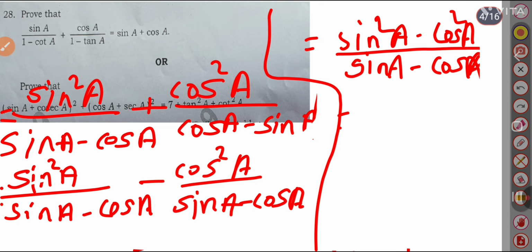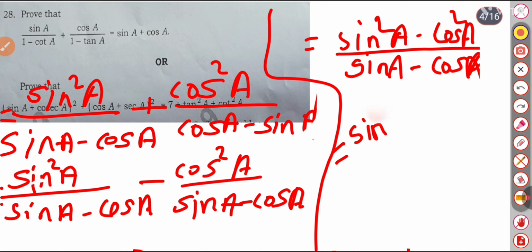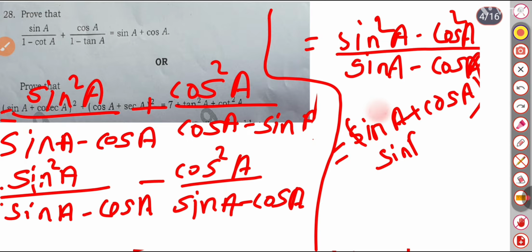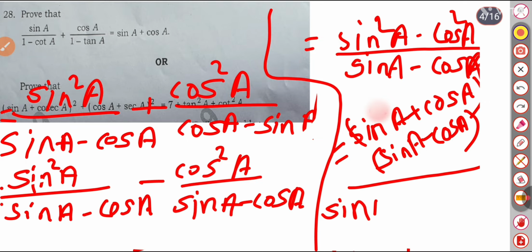Now sin square A minus cos square A, the formula is sin A plus cos A into sin A minus cos A, divided by sin A minus cos A.